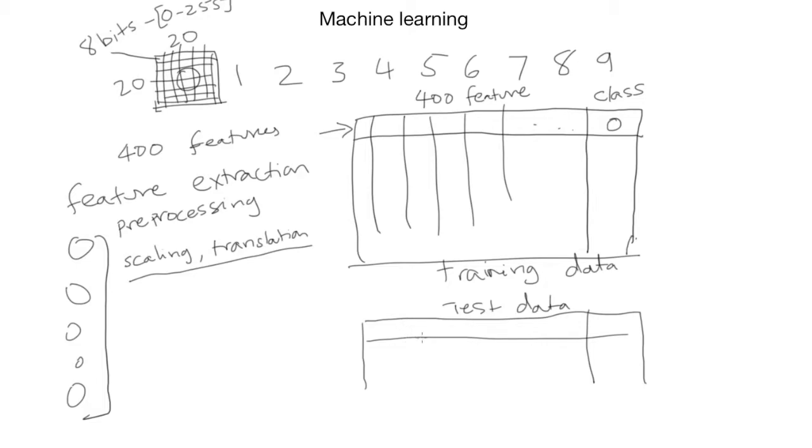So you will have the same 400 features, and the class label is not going to be shown to the machine. So you give it some unseen, never before seen set of features and get the machine to classify it, and that will tell you the accuracy, how well it is able to generalize.